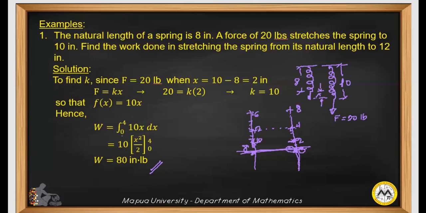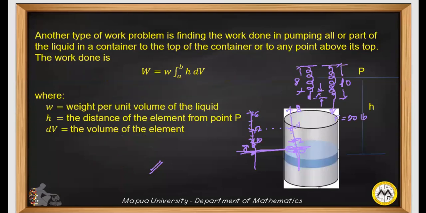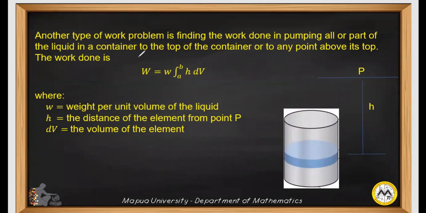Now, another application on work is if we want to find the work done in pumping in and out water or liquid in the container, to the top of the container or to any point above the top.